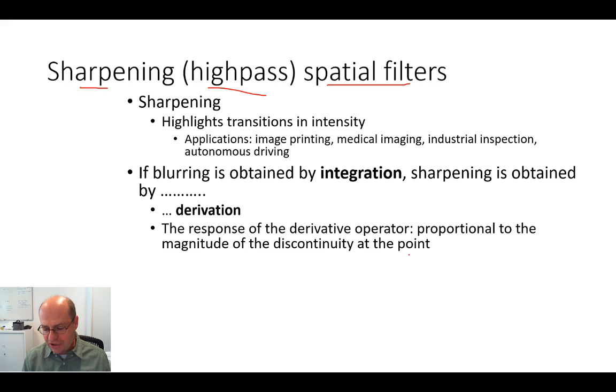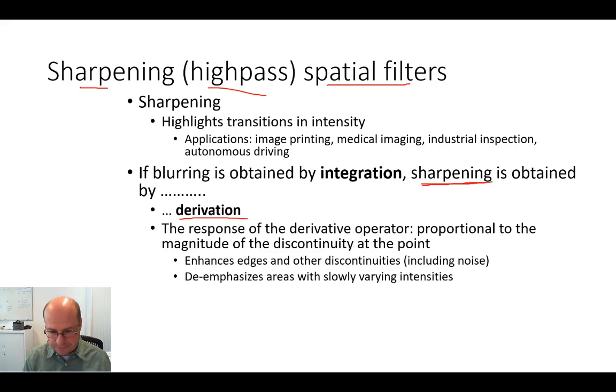Now, the only thing we know how to do is what? Convolution, given kernels. The whole thing that we're going to be doing in this lecture today is convolution using sharpening kernels, and these sharpening kernels are obtained by means of derivatives. That's all there is.